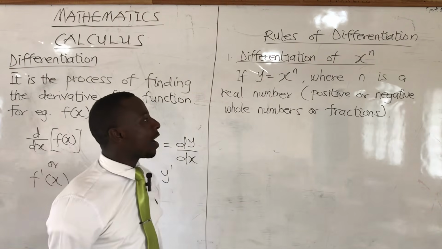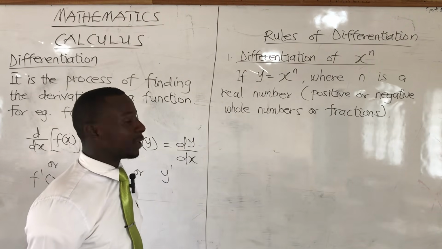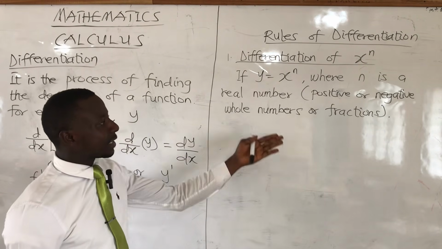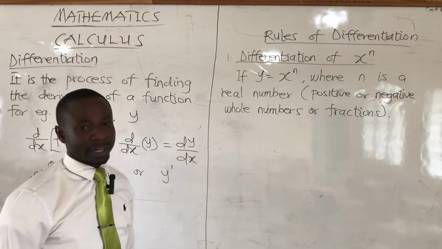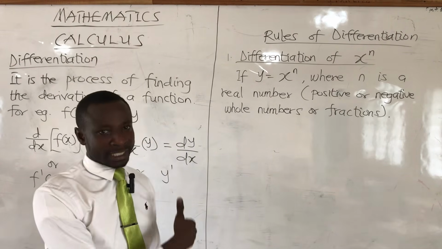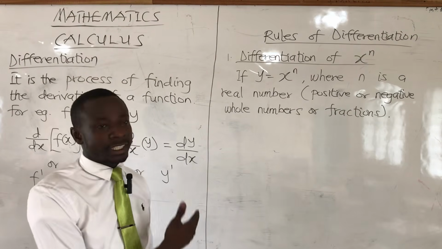So from here, if y is equal to x exponent n, where n is a real number, that is positive or negative whole numbers or fractions, then how are we going to find the derivative or the differential of y?